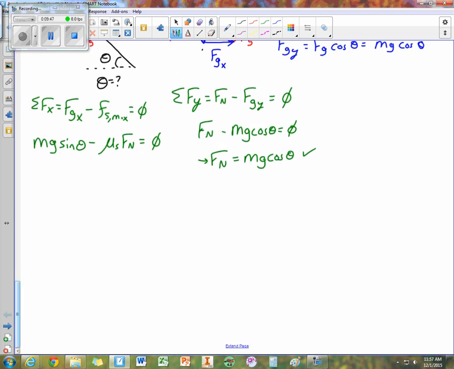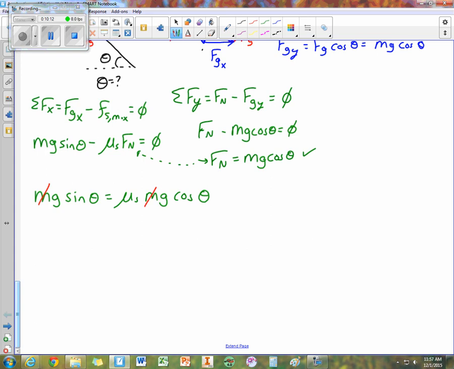We take that and plug it in right there. I'm also going to add the mu and normal force across. There we have it. Now we can do some algebra.